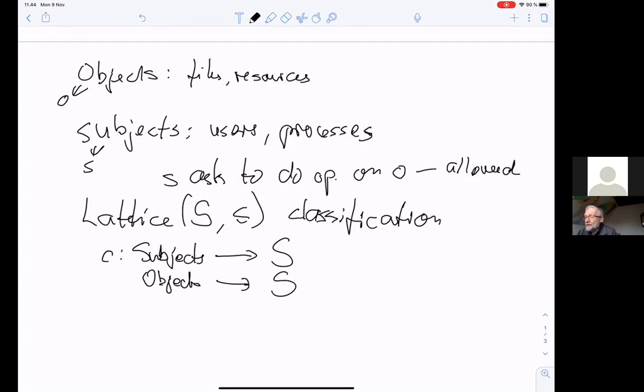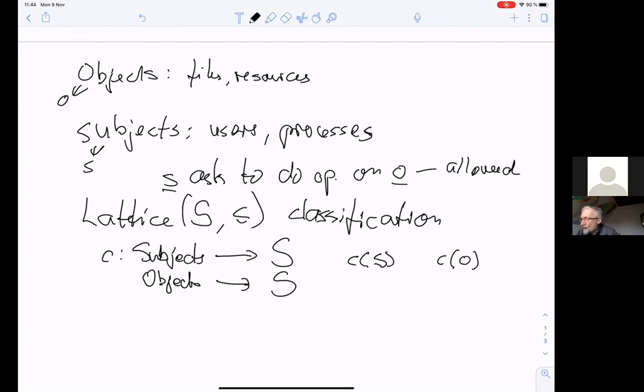And what this means is that when I have this request, which involves the subject S and the object O, then I can talk about the classification of the subject S, and I can talk about the classification of the object O that he wants to do something on.